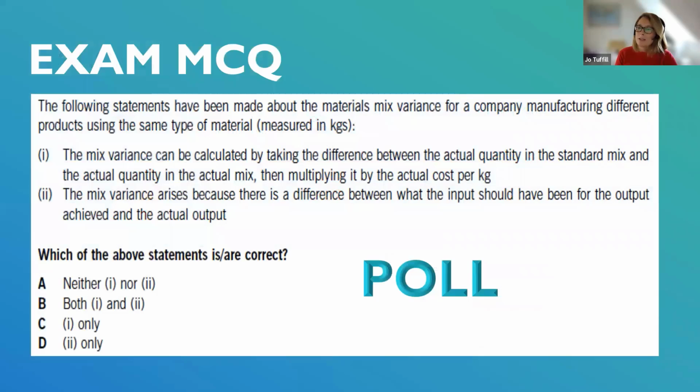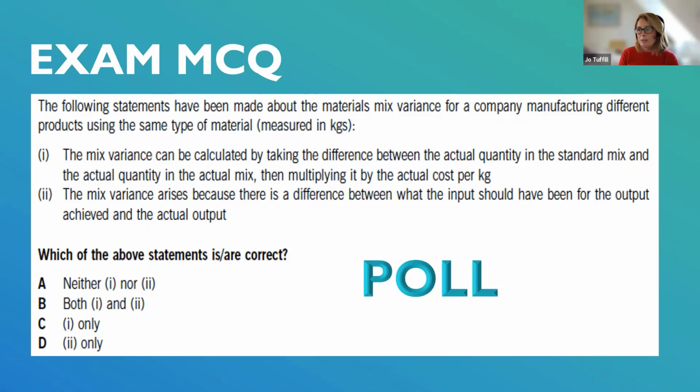Right, so it's another exam MCQ here. The following statements have been made about the materials mix variance for a company manufacturing different products using the same type of material. It's all measured in kilograms. Now, the mix variance can be calculated by taking the difference between the actual quantity in the standard mix and the actual quantity in the actual mix, and then multiplying it by the actual cost per kilogram.